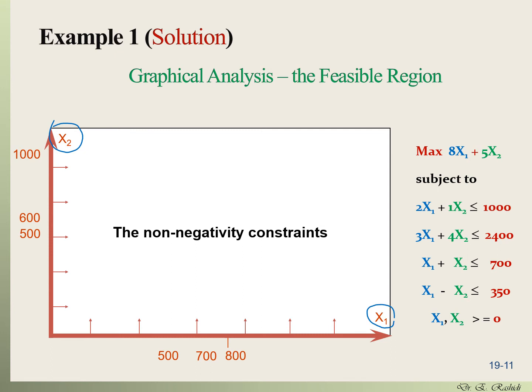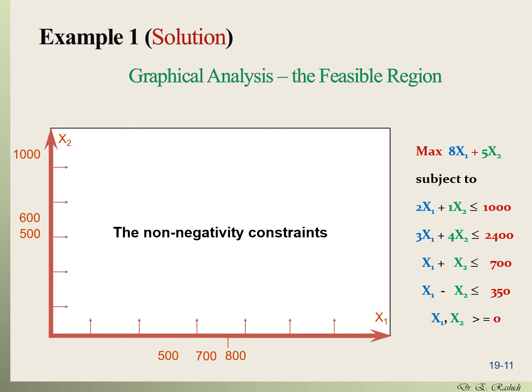So this is x1 and x2. Also, I have partitioned and segmented these two axes so that it would be easier to plot the constraints. Right. So now let's go ahead and start plotting the constraints.